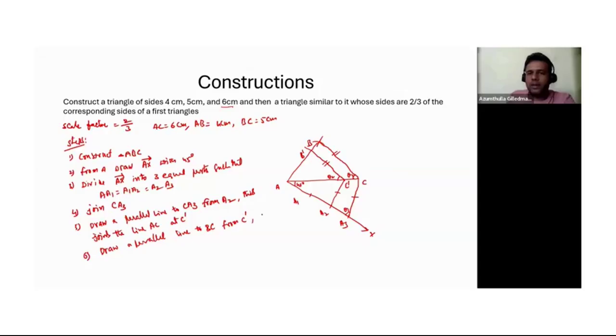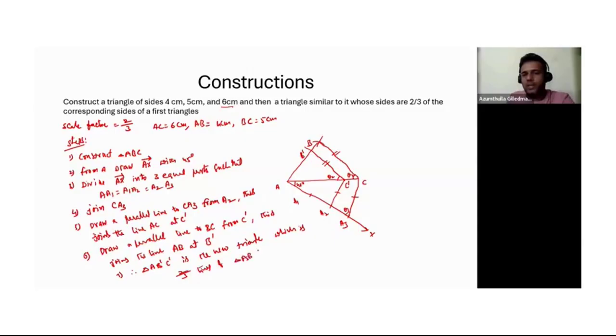Okay. Comma, this joins where? This joins the line. Which line? AB. This joins the line AB at B dash. Now, therefore, delta A B dash C dash is the new triangle, right? It's the new triangle which is 2 by 3 times of delta ABC.